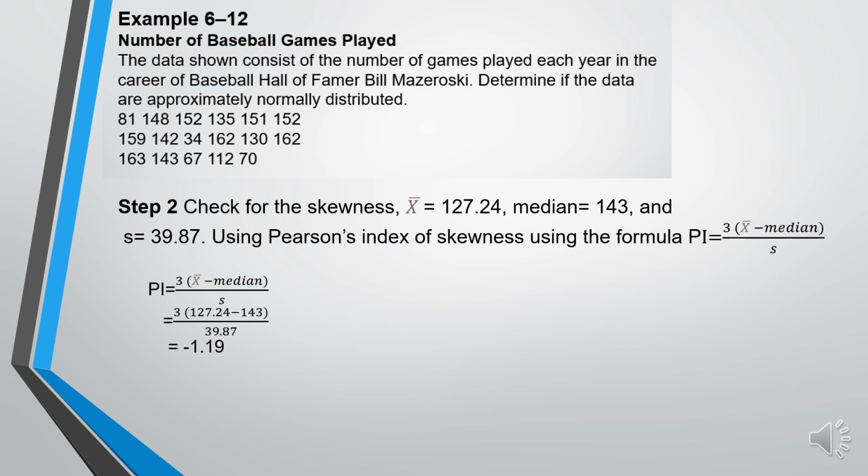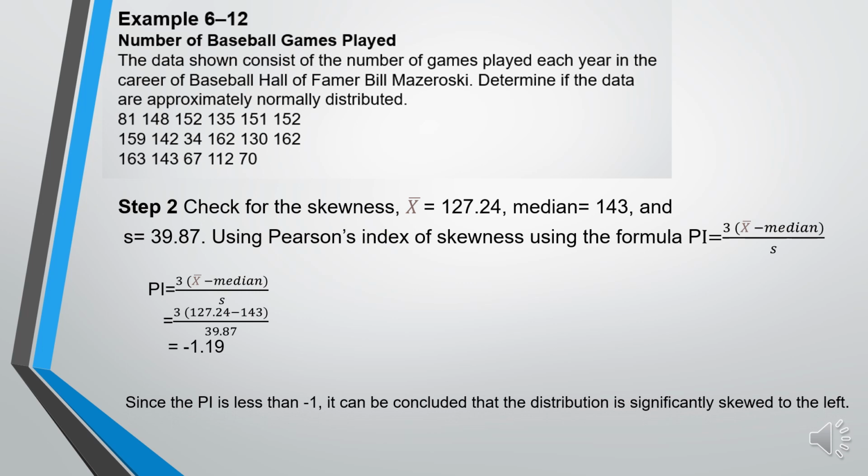So PI is equal to 3 times 127.24 minus 143, over 39.87. If we use a calculator, it is equal to negative 1.19. Since the Pearson's index is less than negative 1, it can be concluded that the distribution is significantly skewed to the left.